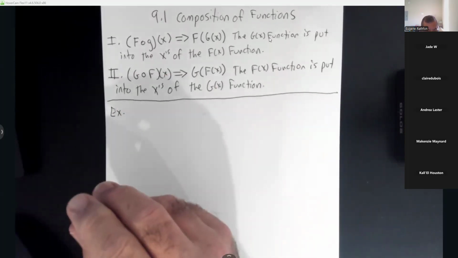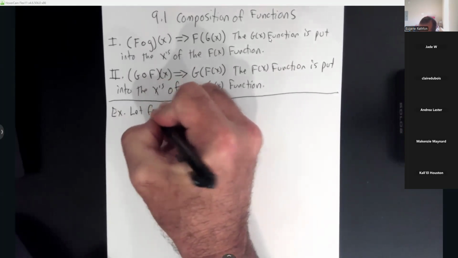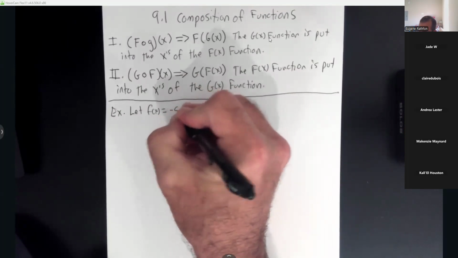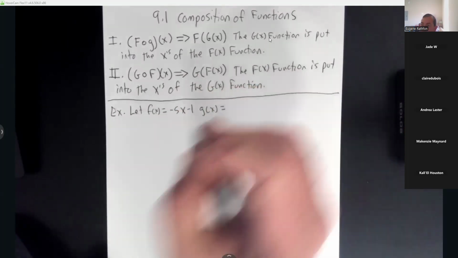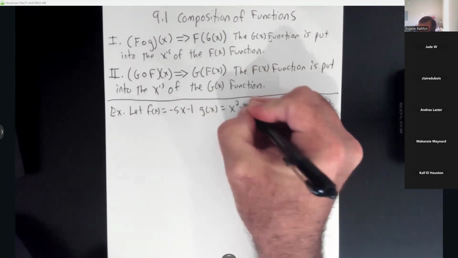So y'all, let me give you an example here. For this one, they want to let f of x equal negative 5x minus 1, and g of x equal x squared minus 2.